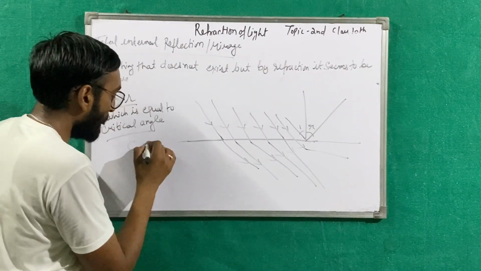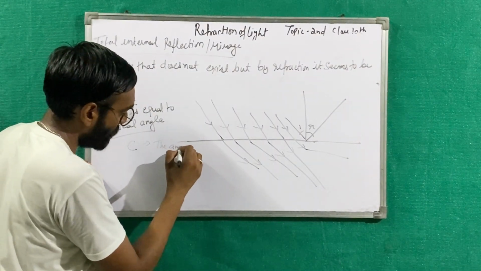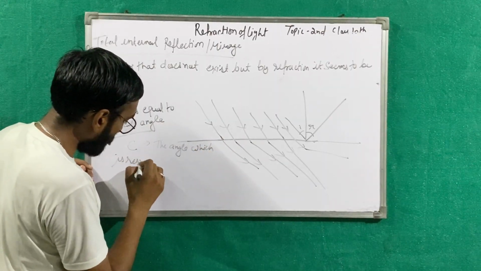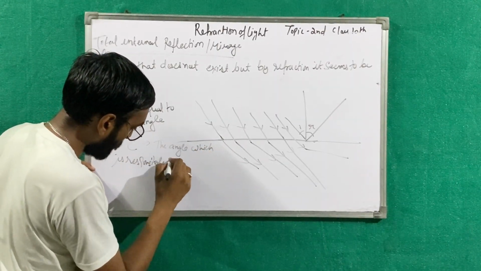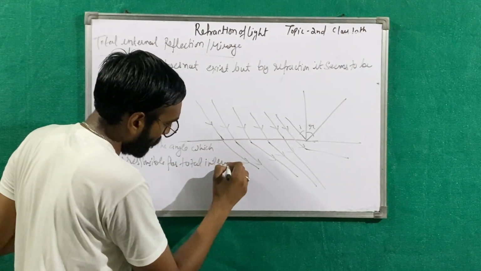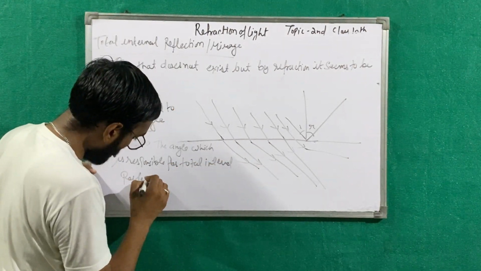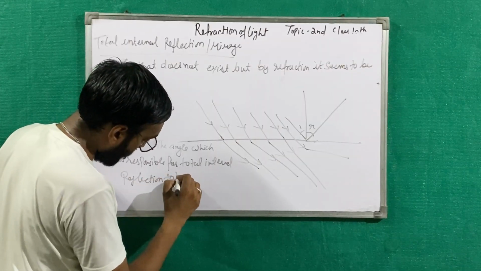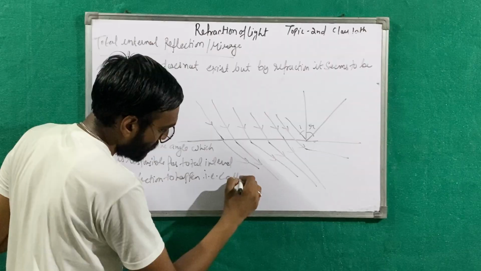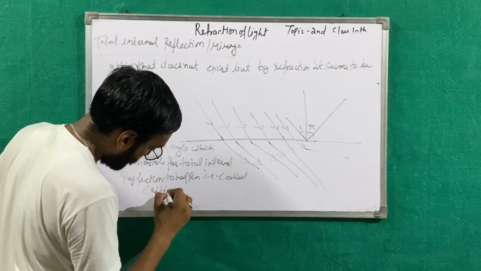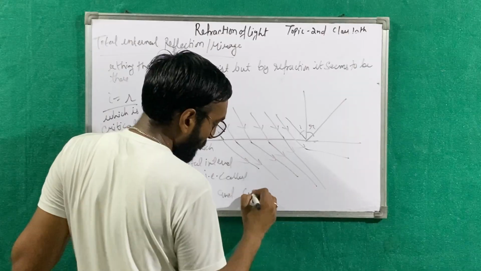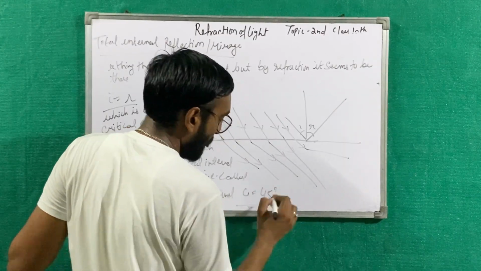Critical angle is the angle which is responsible for total internal reflection to happen. That is called the critical angle, and angle of C will always be equal to 45 degrees.